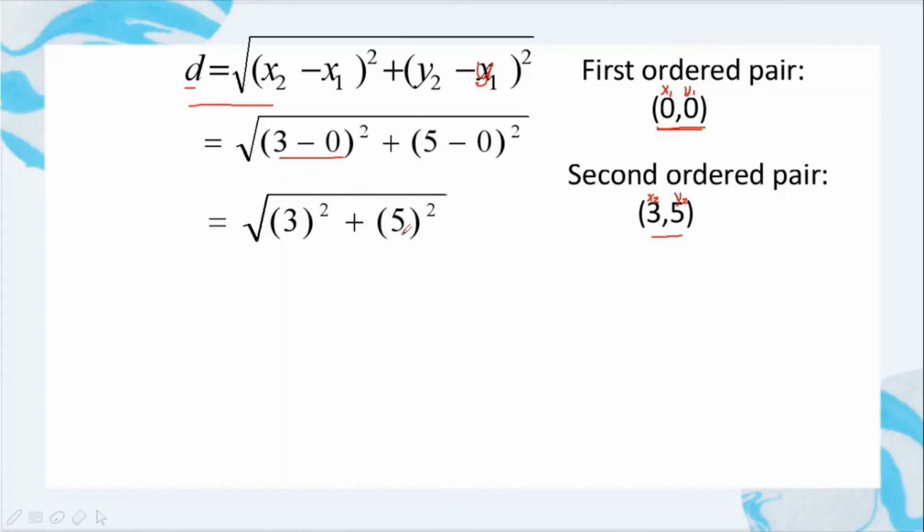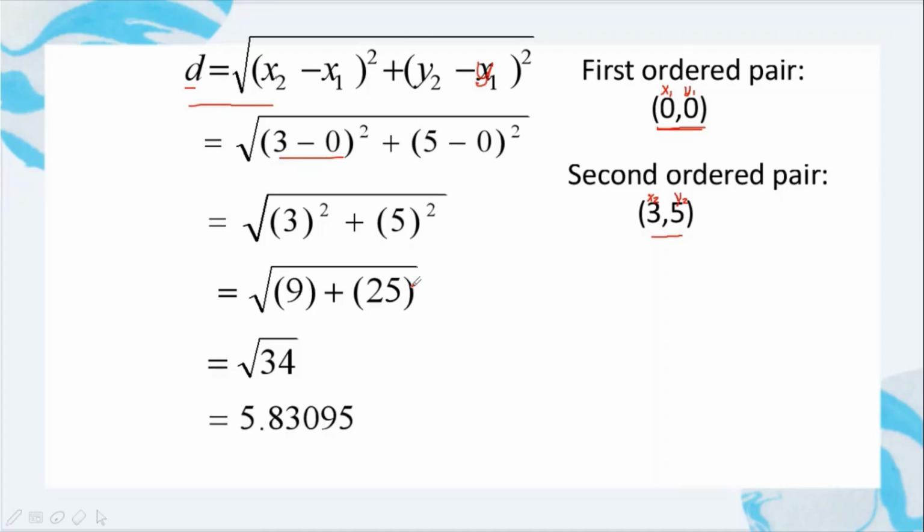Then after that, we will simplify 3 square and 5 square. So 3 times 3 is 9. 5 times 5 is 25. Then add, we have 34. So we have 34 or square root of 34.